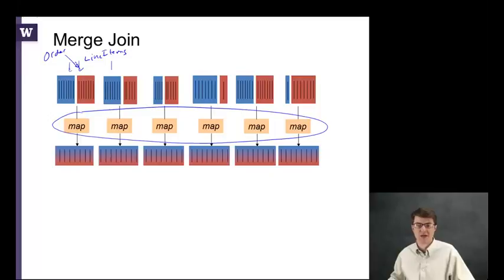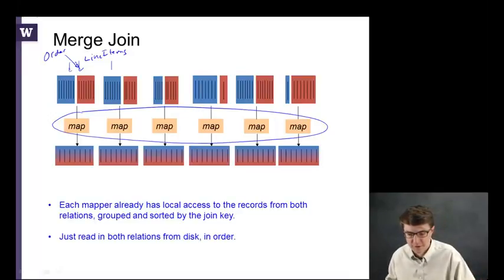Sorry, I say Pig can be aware of that. You still specify explicitly that you want to use a merge join, so Pig's not doing that automatically, but you can take advantage of this situation when it arises. Since each mapper already has local access to the records from both relations, already grouped and sorted by the join key, you can just read in both relations from disk in order and compute the join.